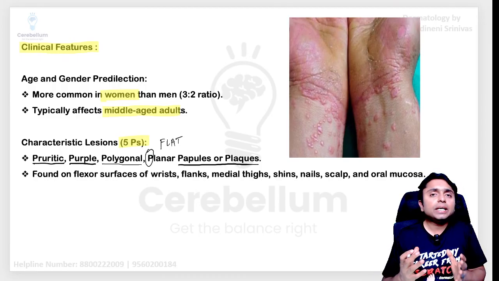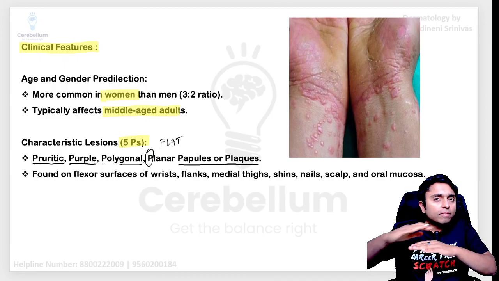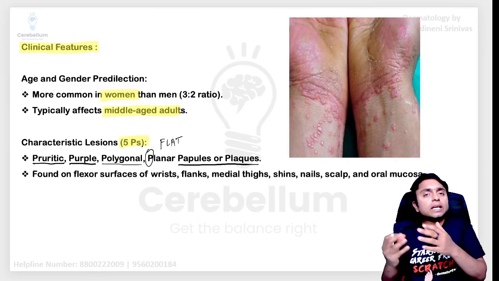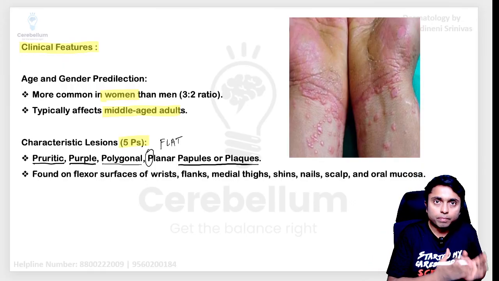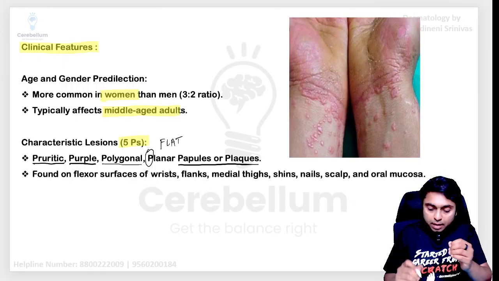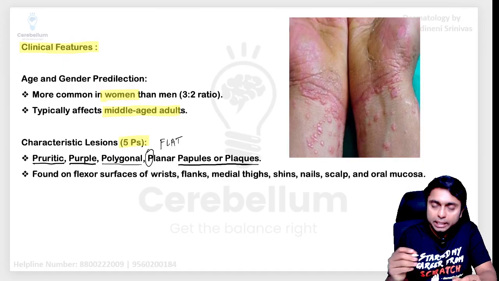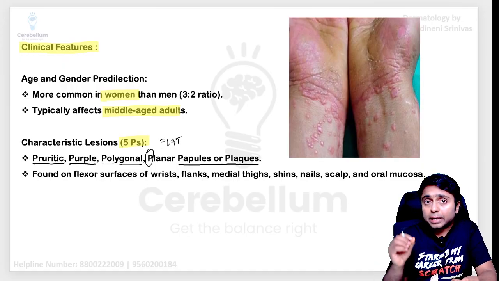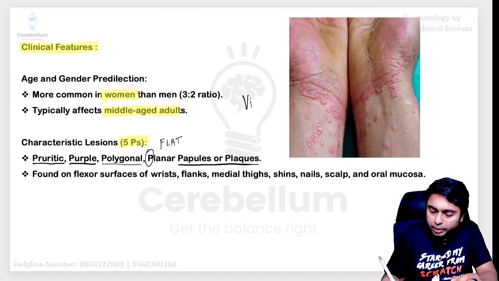So an itchy condition with flat topped lesions. Lesions can be papules or plaques, and the shape is going to be polygonal, and the important symptom is itching, pruritus. And this purple can also sometimes be mentioned as violaceous.